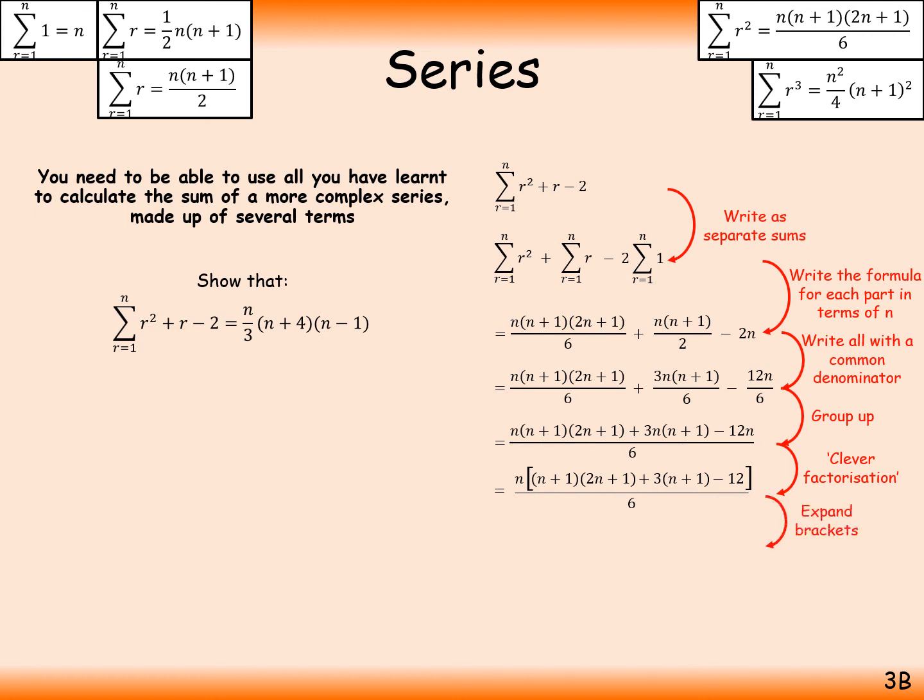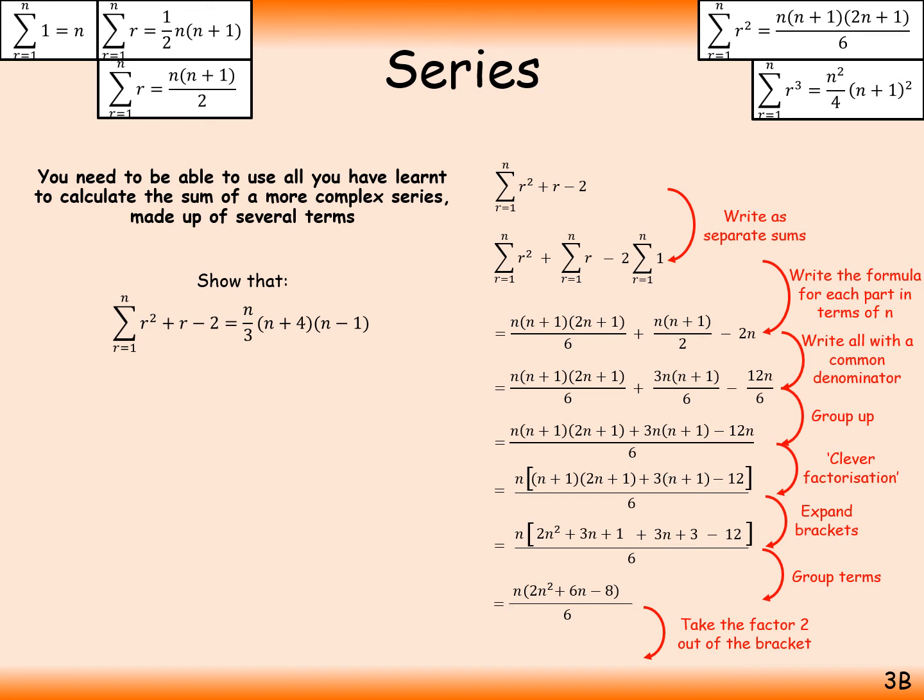So the next step what we want to do is expand the brackets and then simplify inside the bracket. So if we FOIL the first two sets of brackets and multiply this out, and we'll group the terms together. So we've got 2n squared plus 6n minus 8 all over 6. And we just need to make it look like what the question has said.